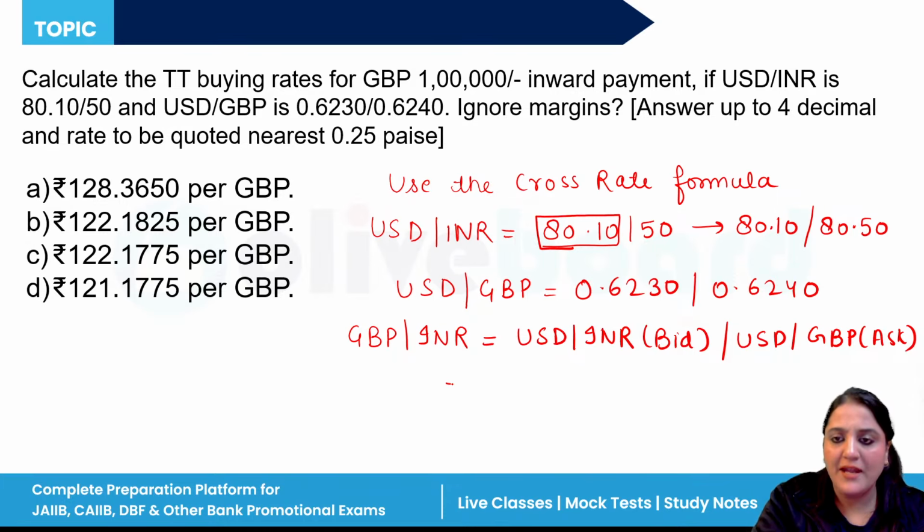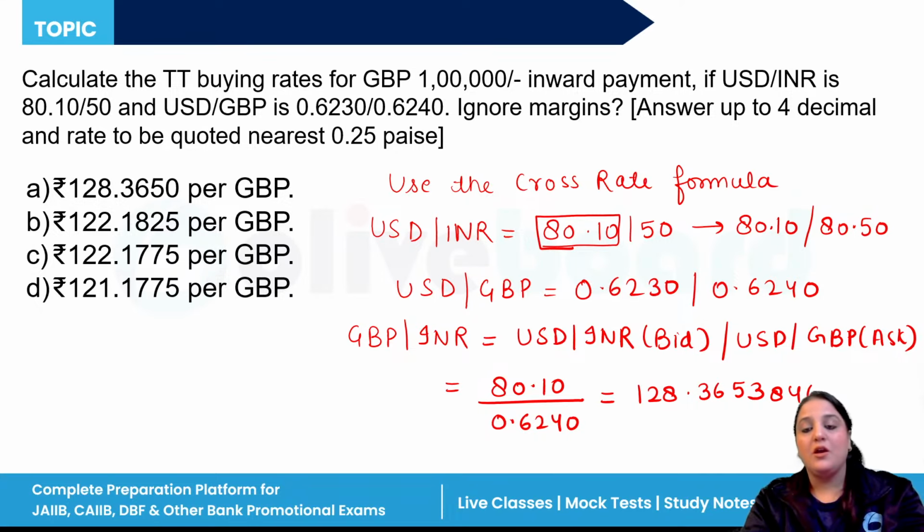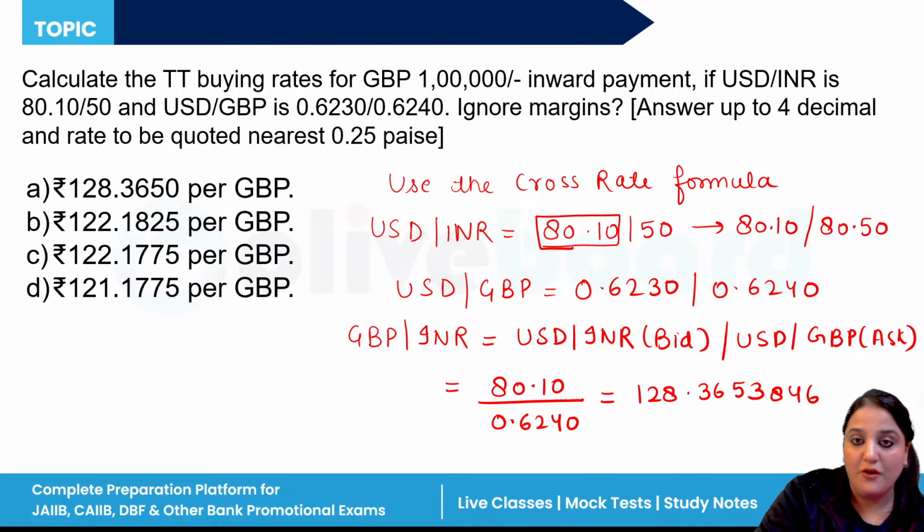So how to calculate? 80.10 divided by 0.6240, which equals 128.365384, right? Now we have to round it off to nearest 0.25 paise.